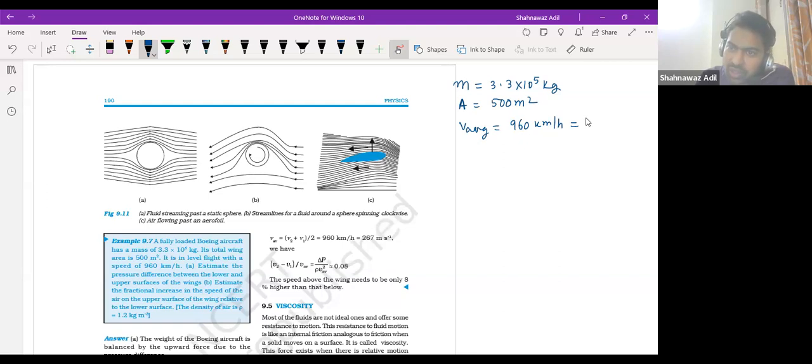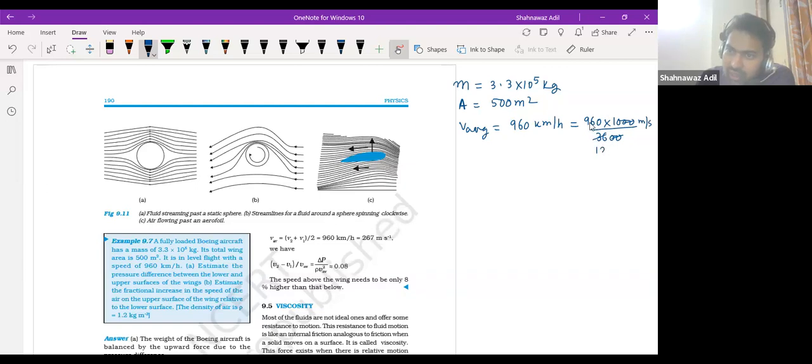How much would this be in meter per second? So kilometer is 1000, and then we have 3600 seconds. So that would be meter per second, right? So how much is this?